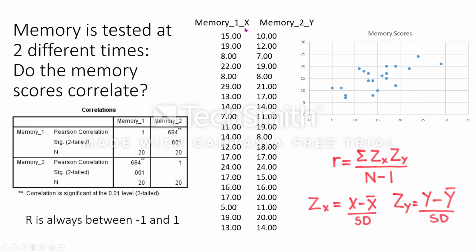If we perform this correlation and we put this into SPSS and say correlate memory at time 1 and memory at time 2, SPSS will return us with a correlation coefficient of 0.684. And here there are a couple of stars, which indicates it's significant, and it's also providing the significance level. So it's saying that we have a significant correlation and that the value of that correlation looks quite strong because it's close to 1, it's 0.68.